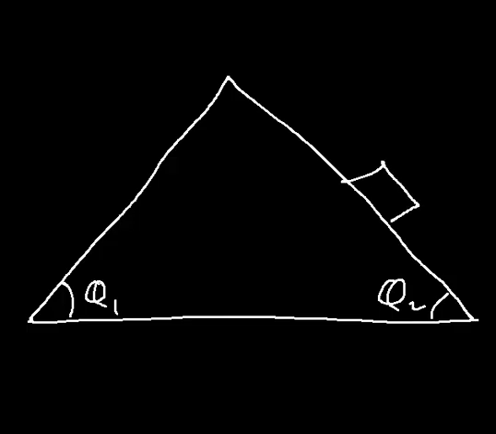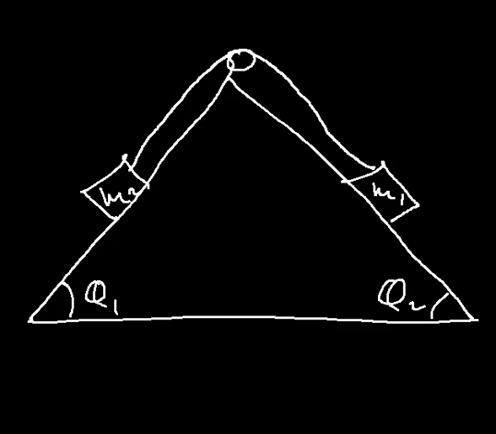Let's say this is an object of mass 1, and this is an object of mass 2, and the two objects are connected by a massless string. The whole system is moving in this direction at a constant acceleration given as a. So what will be the expression for this acceleration?